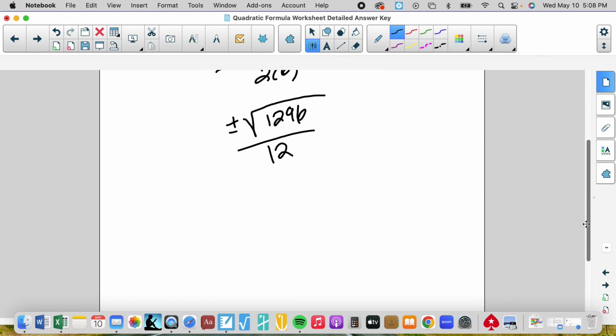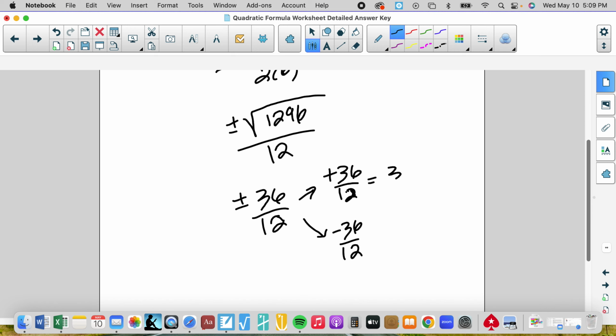36. So it is a perfect square. So we get plus or minus 36 over 12. So we're going to make this plus 36 over 12, and negative 36 over 12. That can simplify to 3. This can simplify to negative 3.